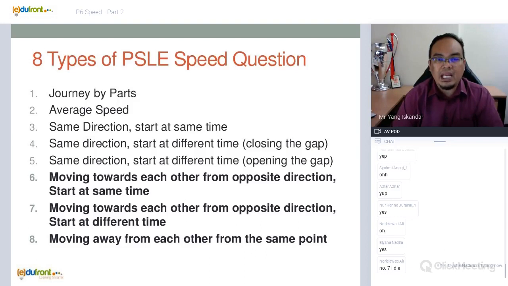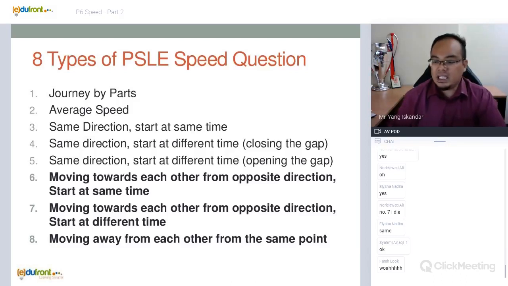If you are familiar with them, you'll be able to do any kind of speed question that comes out in the exam. Of course, it will not be exactly the same question, but you need to do a bit of fine-tuning to your answers and methods to derive the answer.